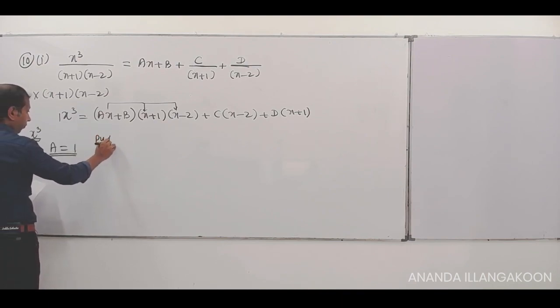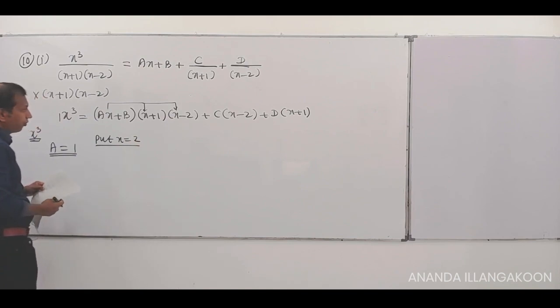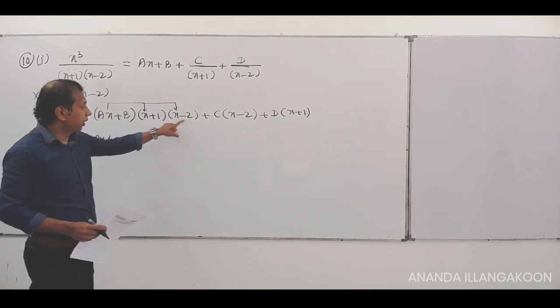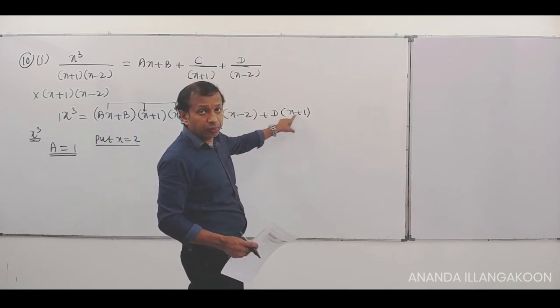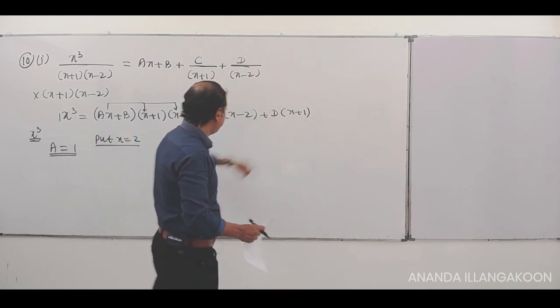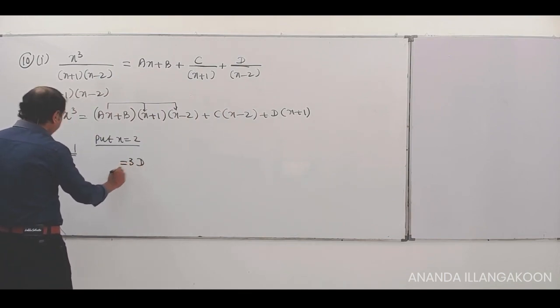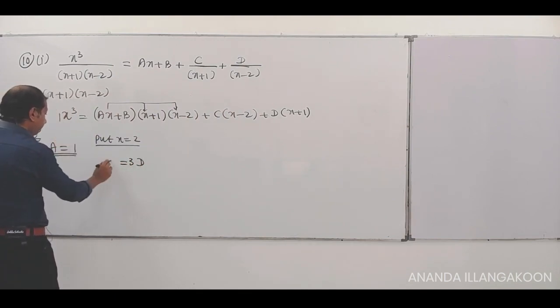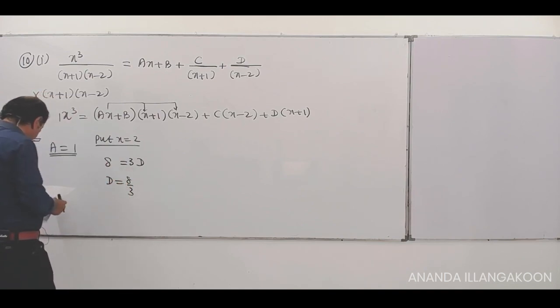We put x equals 2. When you put x equals 2, 2 minus 2 is 0, so this bracket is 0 and this product will be 0. This is 0. Put 2 here, 2 plus 1 is 3, so 3d. Right hand side, x equals 2 gives 8. D equals 8 by 3.